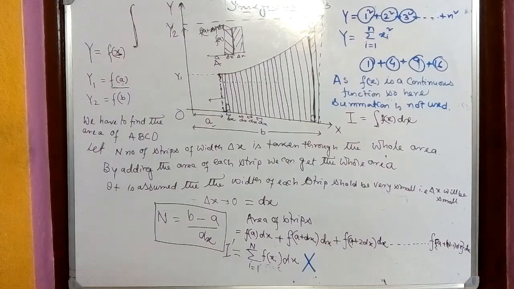By differentiation we are finding out the slope, and by integration we just want to find out the area of the curve with the x-axis. Clear?